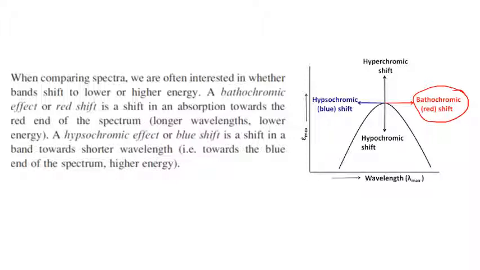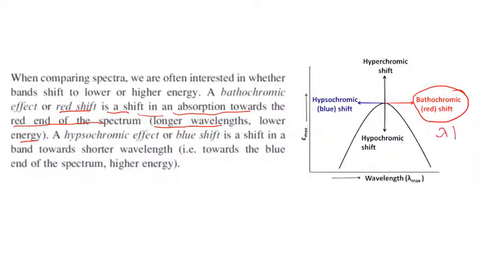In a red shift or bathochromic shift, the absorption shifts towards red, the right hand side: higher wavelength, lower energy. So basically, red shift means that the transition has lower energy or higher wavelength.